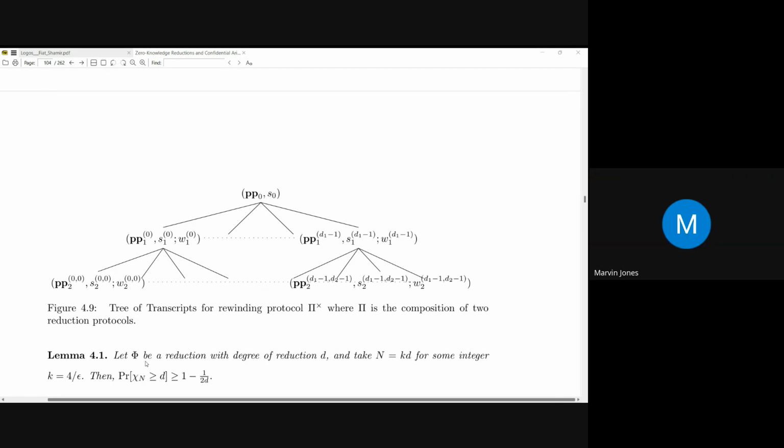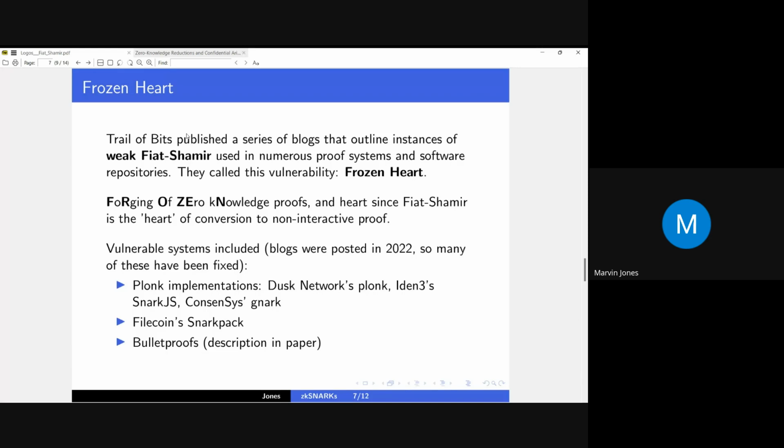Okay, yeah, absolutely. So with the weak Fiat-Shamir, in the instances that they mentioned, I apologize because I don't remember some of the instances in which these are explicitly used.